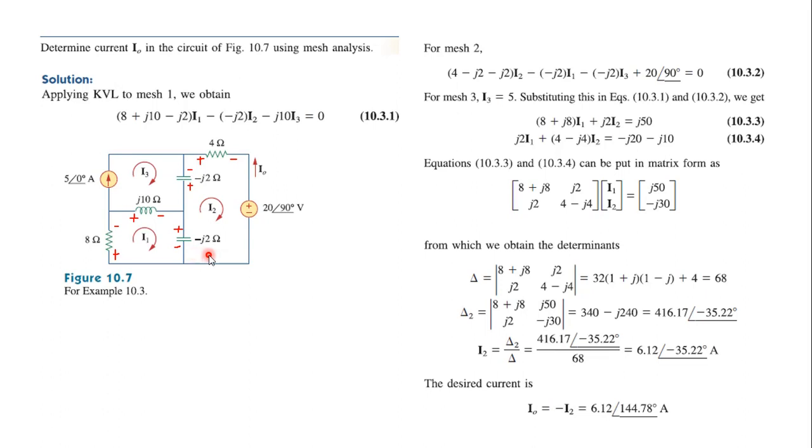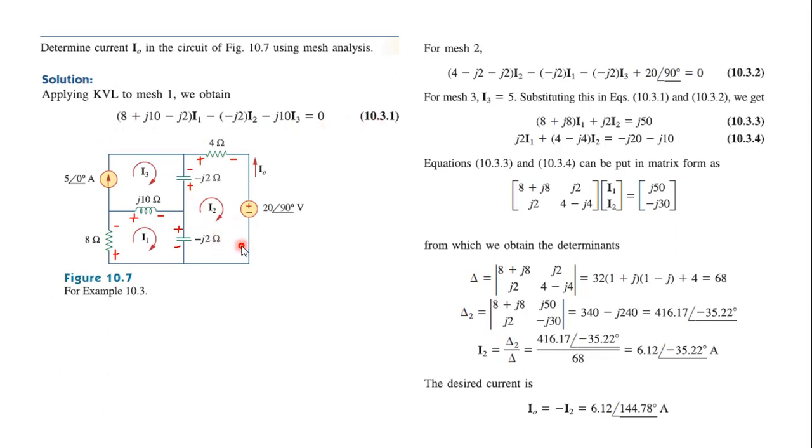This is the first mesh equation; the sum of all these voltages is equal to 0. If we simplify, we get this equation.